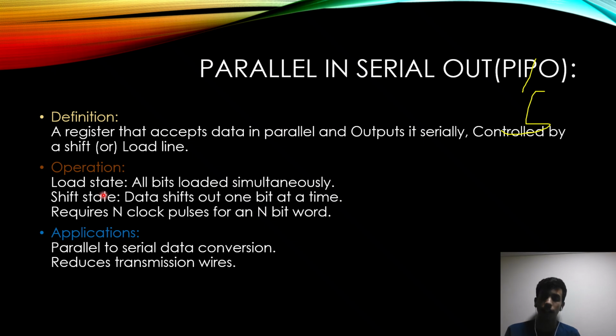What is meant by load state and shift state? All bits are loaded simultaneously in the load state. In the shift state, data shifts out one bit at a time, requiring n clock pulses for an n-bit word. Application: parallel to serial data conversion and reduced data transmission lines. Please excuse me, this is PISO, not PIPO.